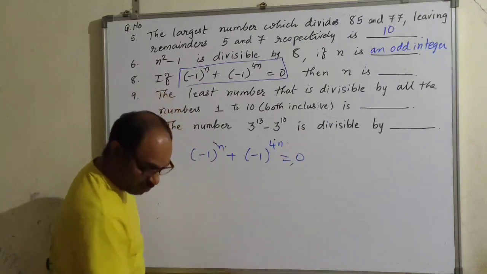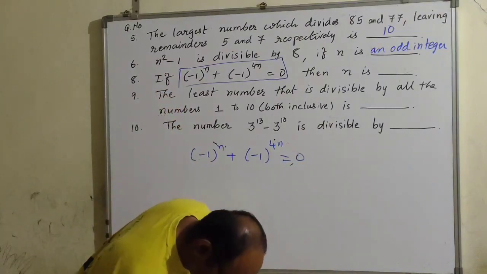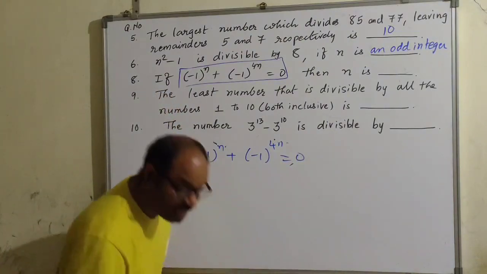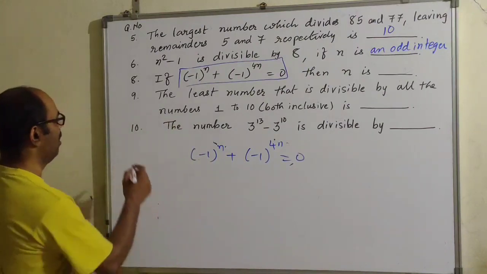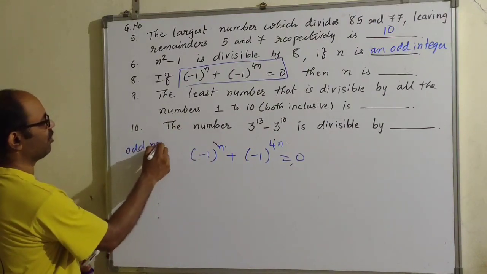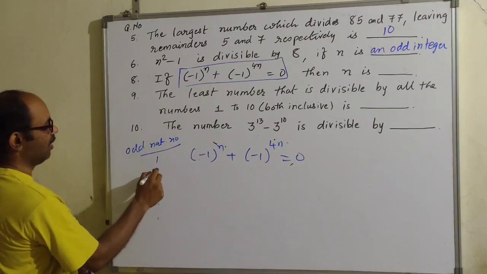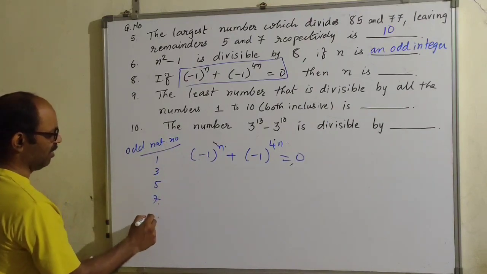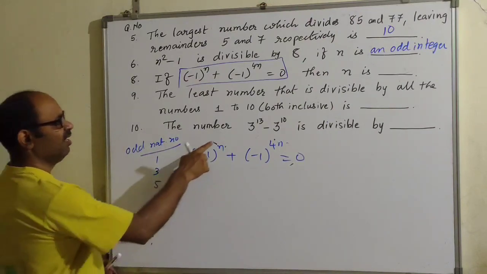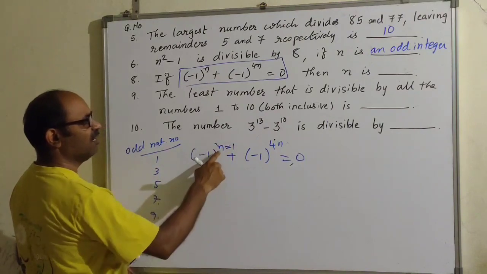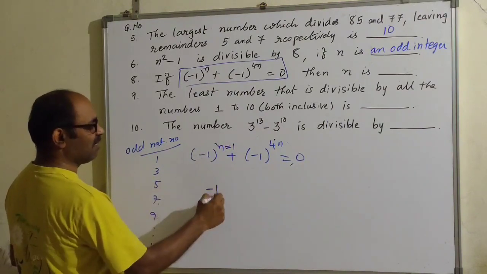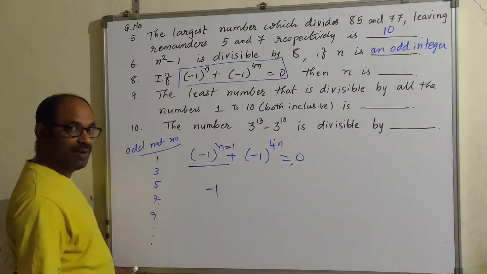Now the second option is any odd natural number. Odd natural number: 1, 3, 5, 7, 9 and so on. Take 1, n equal to 1. So it will be odd. Odd means the value of the first power would be minus 1.